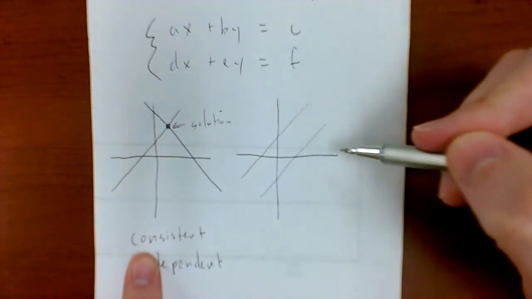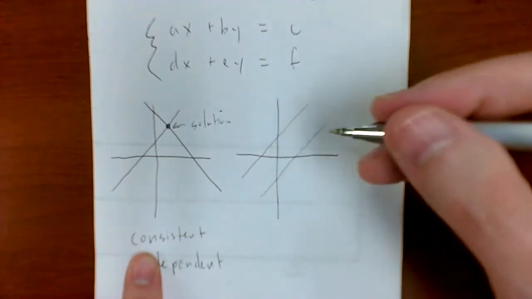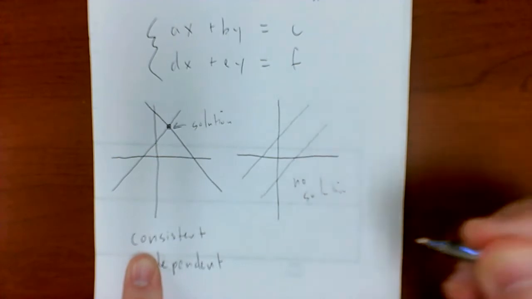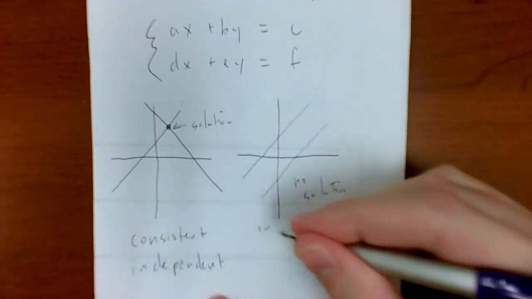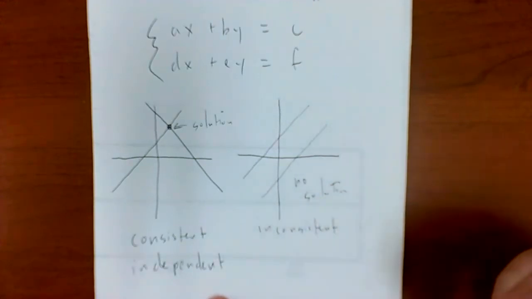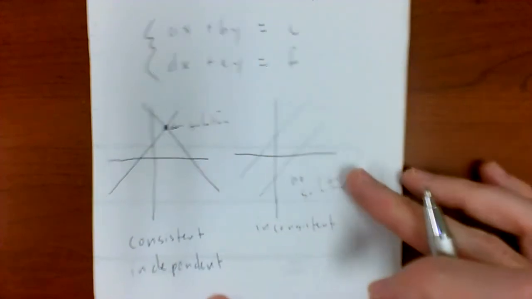In this situation, our two lines are never going to cross. So we would say that there are no solutions to this system. And we would describe this situation as the system being inconsistent. Okay, consistent means there's at least one solution. Inconsistent means there's no solution.